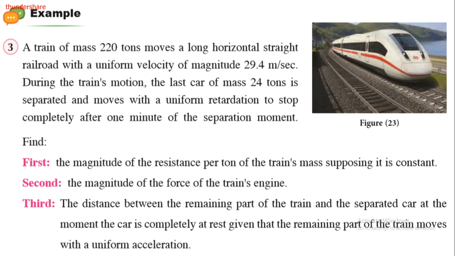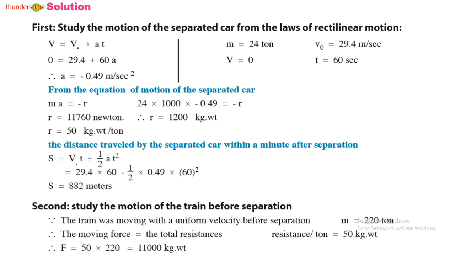Okay, we have ma equals negative R, so the mass times a equals negative R, so R equals 11,760 newtons. This is the total resistance.